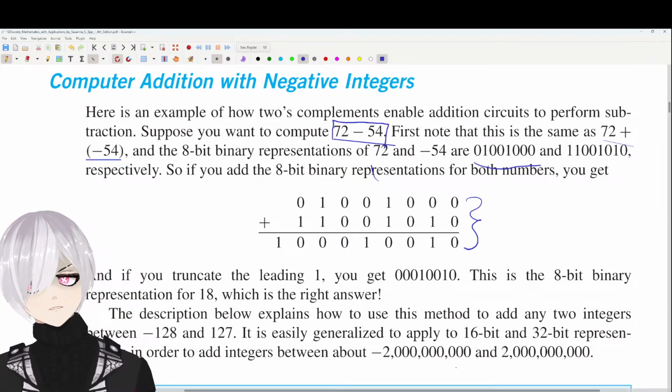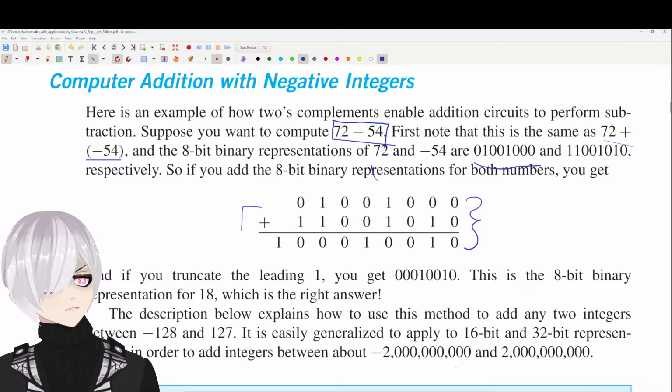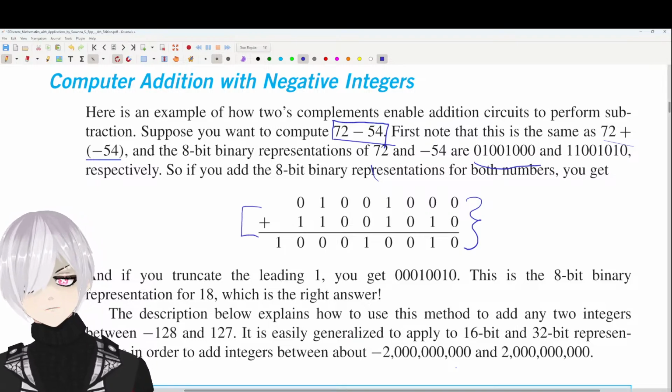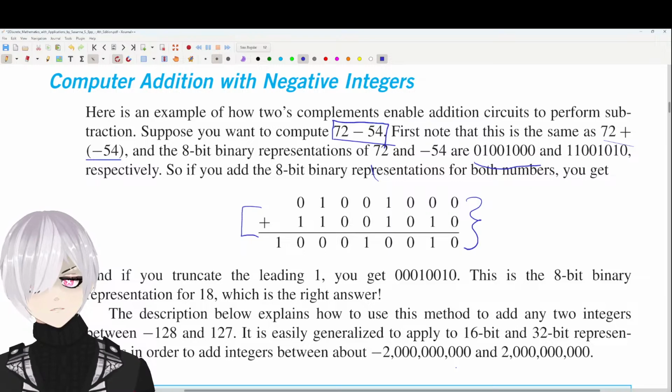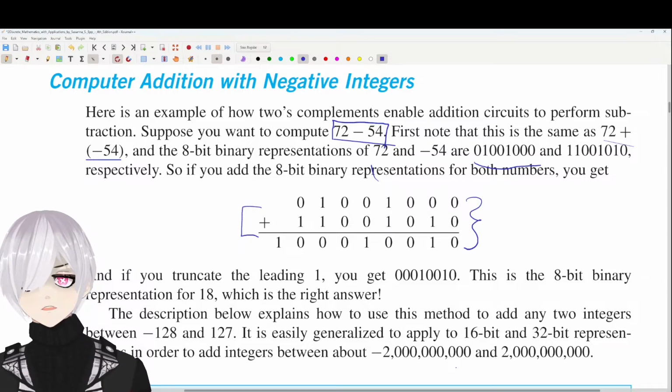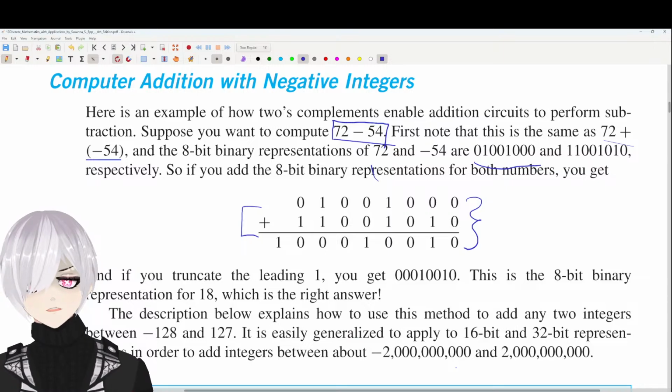I guess it's easy enough to represent addition, so you can add negative numbers rather than subtracting.